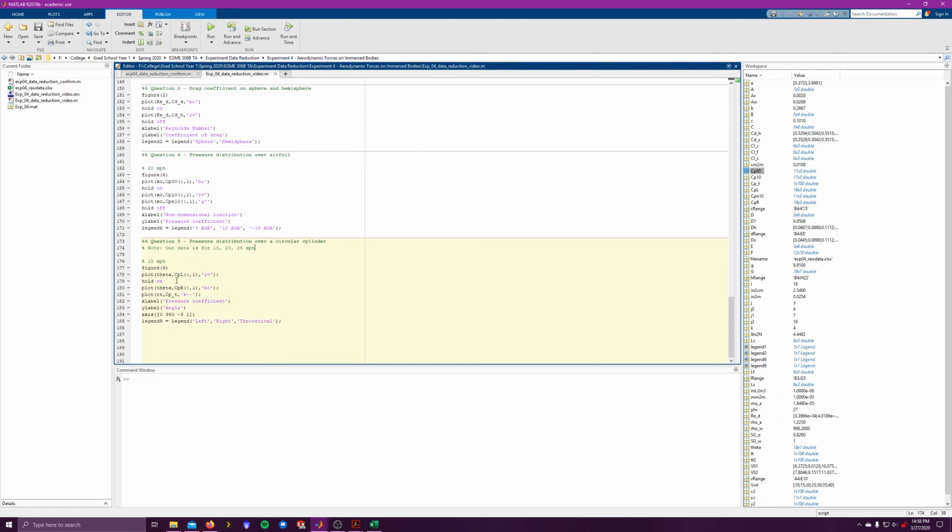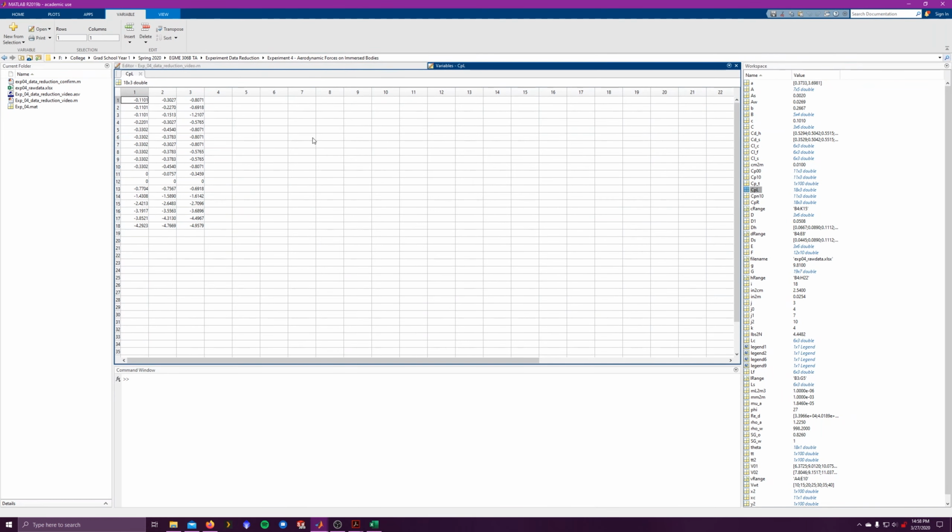Okay, so I'm plotting the left cylinder, the right cylinder, and then the theoretical cylinder, and this is for 15 miles per hour. So if I go to CPL, again we have 15, 20, and 25 miles per hour, and then we have all 18 of our taps.